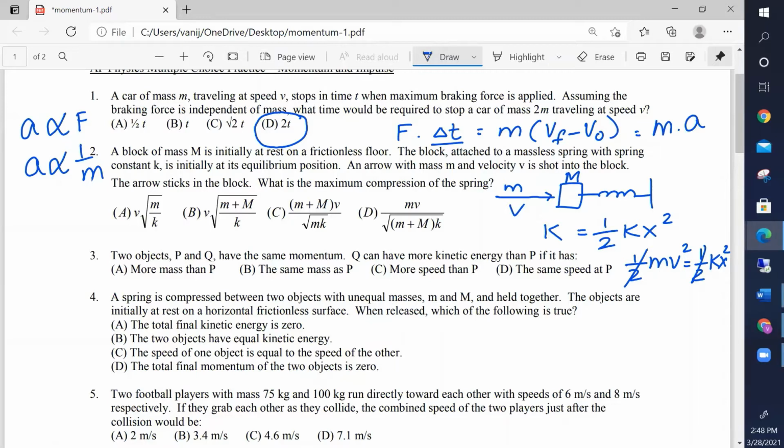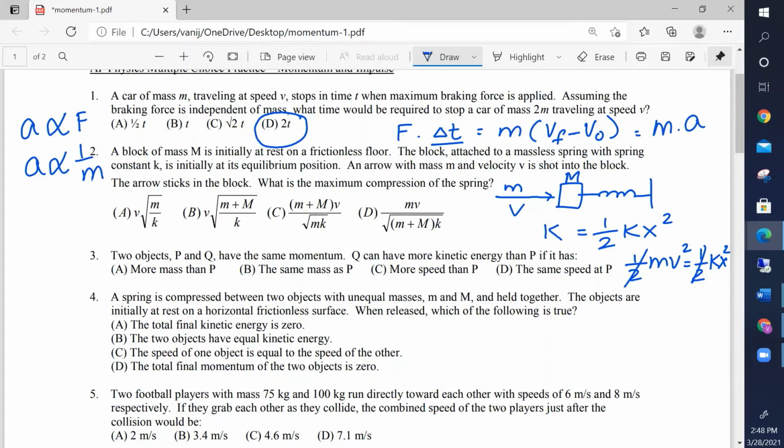I do not know the velocity of the block and the arrow once the arrow gets embedded in the block. So I need to figure out that velocity, and you can use the concept of conservation of momentum.